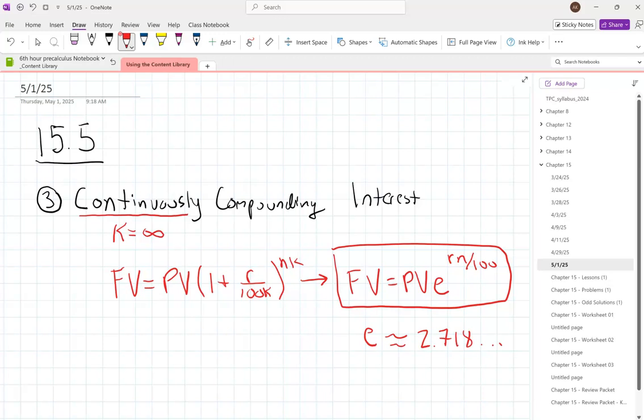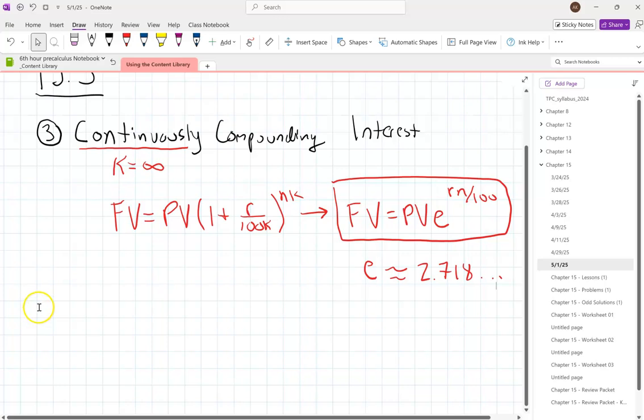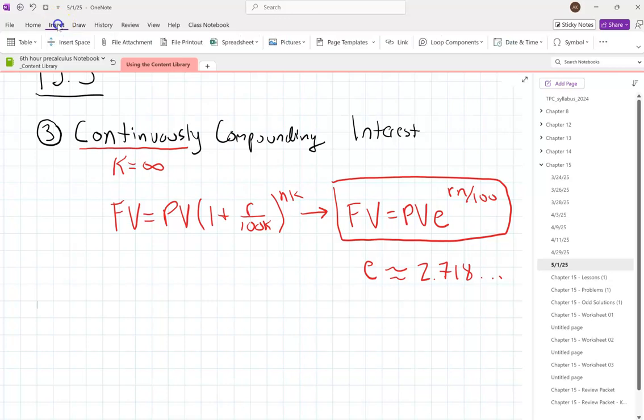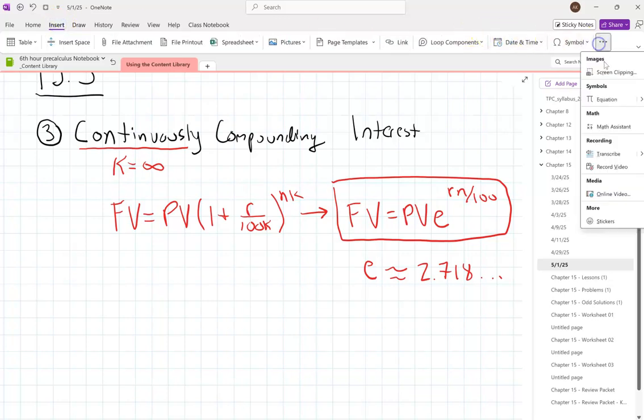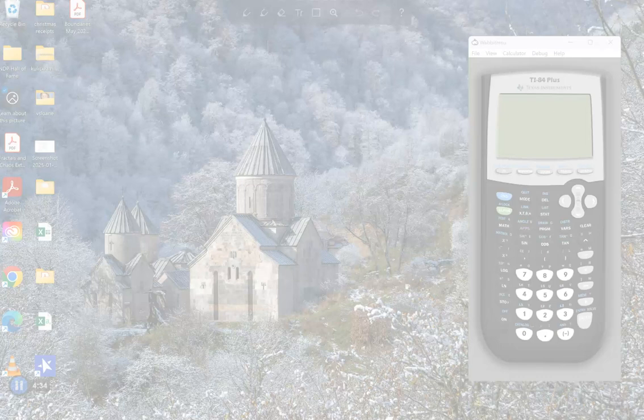Or if you have an electrical discharge that's continuously going on. So that value for E pops up surprisingly a lot in real world application. But that's essentially just our new formula: when K goes to infinity, that part of the function just turns into E. I'm not going to belabor the details because it's a little bit beyond the scope of this class, but that's what's going on.